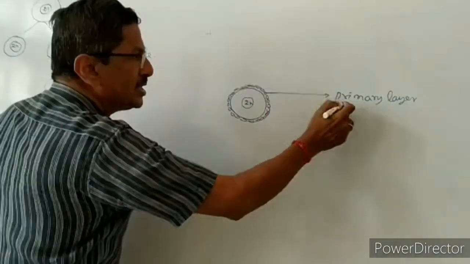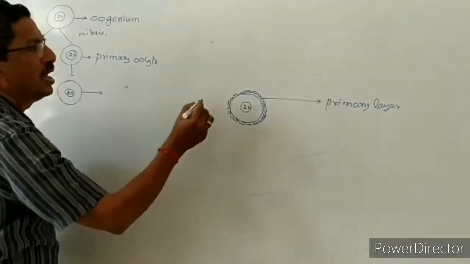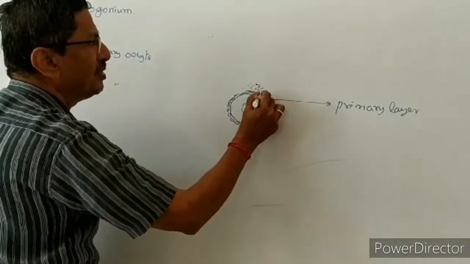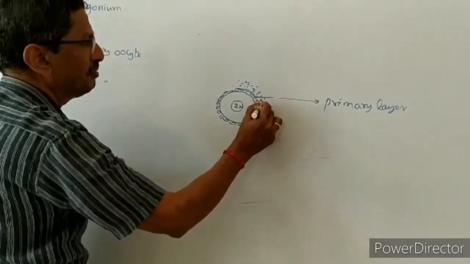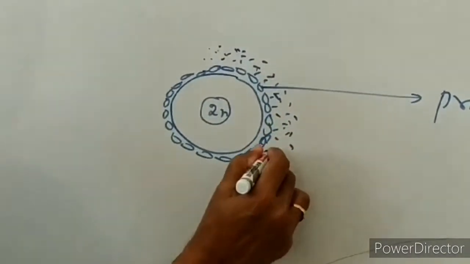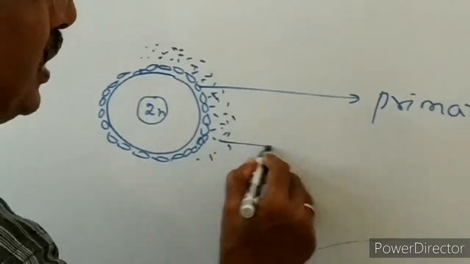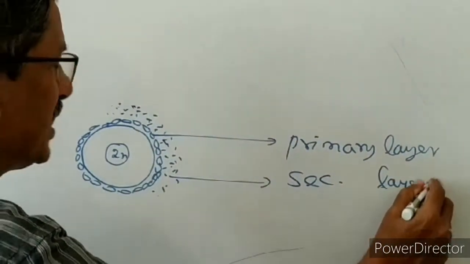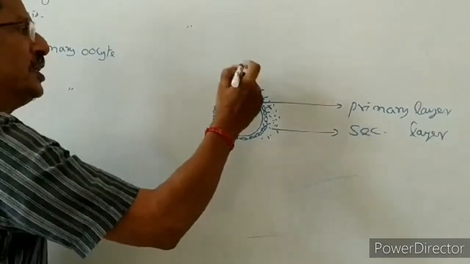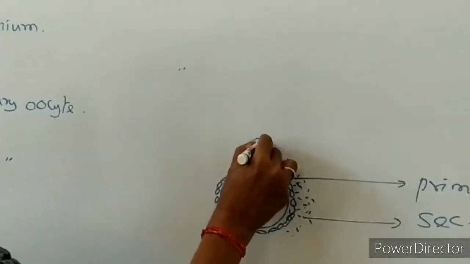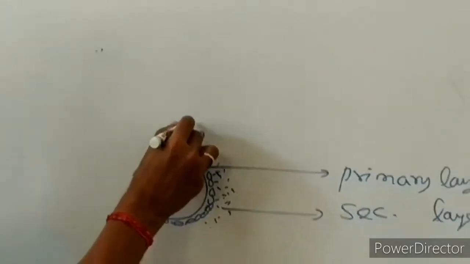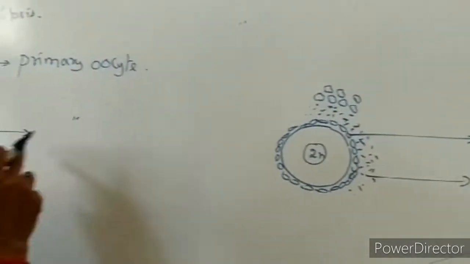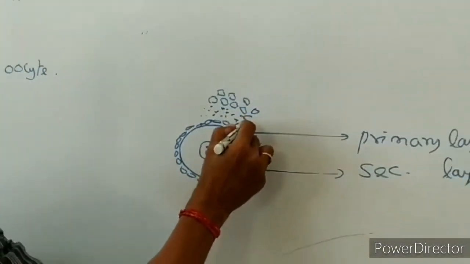Again the primary layer cells keep on multiplying and form a very thick region. The next region we find is called the secondary layer. Then further, some cells will be slightly larger, maybe a few layers of cells, covering this primary oocyte at the outermost.